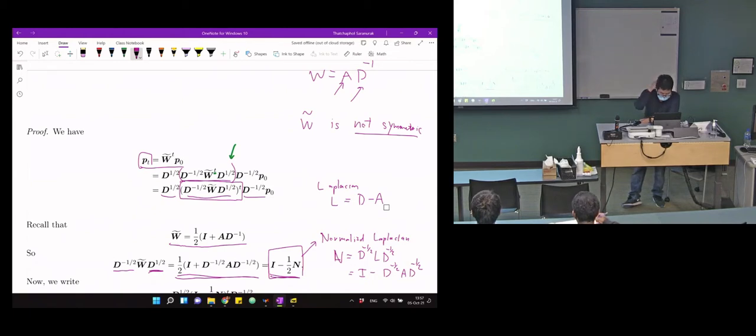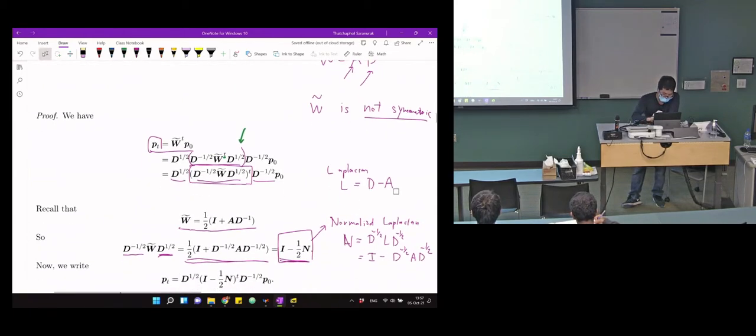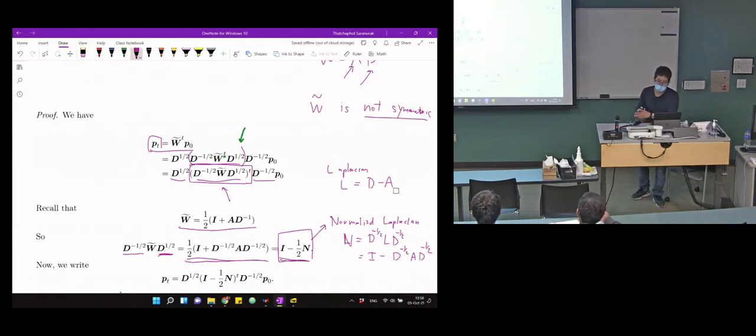Okay. So basically the thing here is something that we are familiar with. It's the normalized Laplacian, and we have seen it many times. It is very closely related to how the second eigenvalue of the normalized Laplacian is a characterization of expanders.